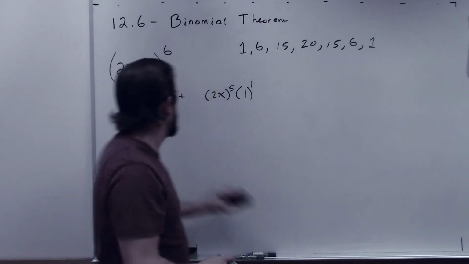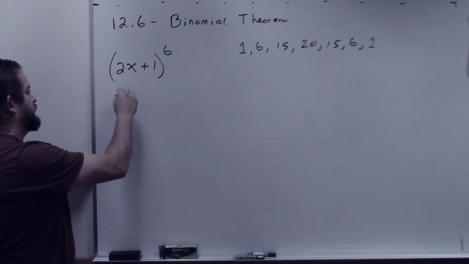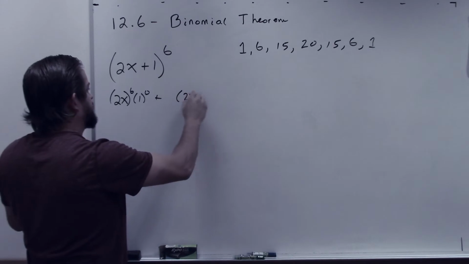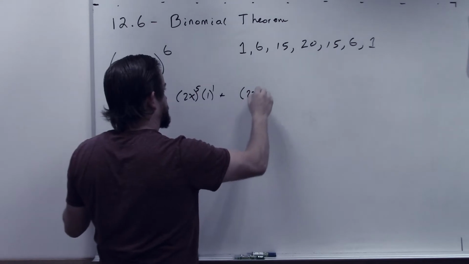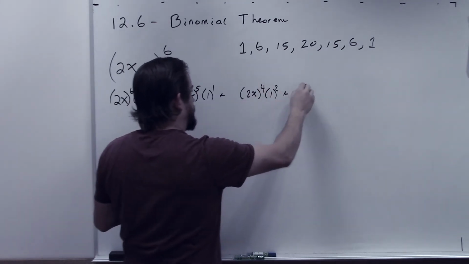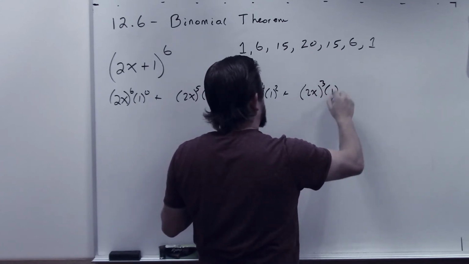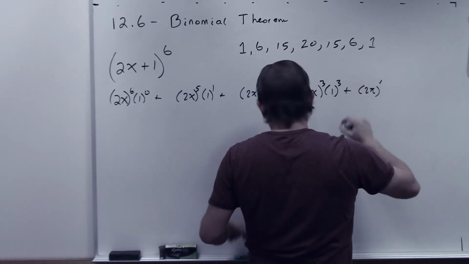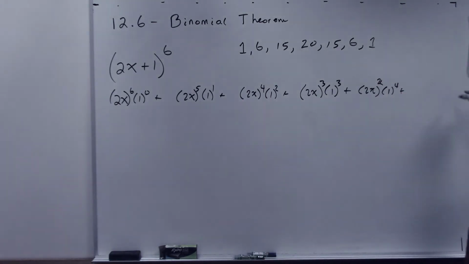So let me again try to get this on one line. Hopefully you can see this. 2x gets raised to the 6, the 1 is to the 0, and then we're going to have 2x raised to the 5th, the 1 is raised to the 1, and then I get 2x raised to the 4th, 1 squared, 2x raised to the 3rd, going down, and 1 going up to the 3rd, 2x to the 2nd, and then 1 to the 4, and still didn't make it.